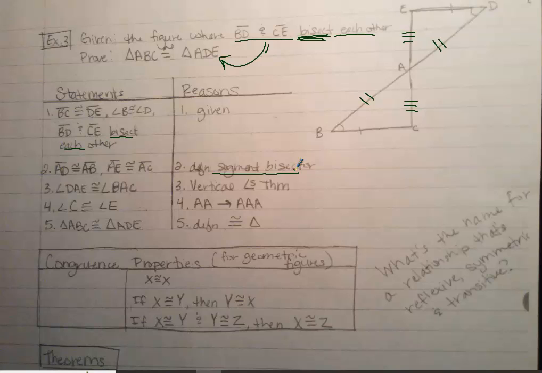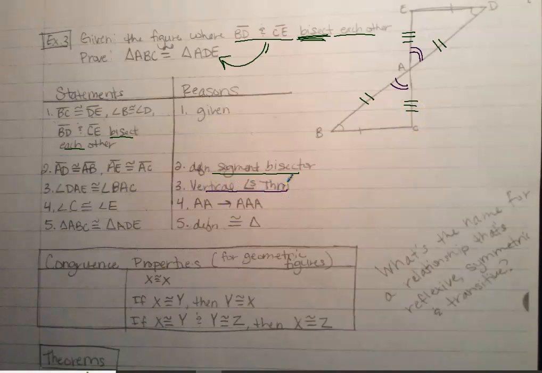All right, so now that I know that, I can look at my diagram and say, okay, I've got some congruent angles going on. What else? Well, this right here is a vertical angle to this angle. So those are congruent. Okay, I'm going to put 2 markings there. And so I can say, well, angle DAE is congruent to angle BAC, because of the vertical angles theorem.